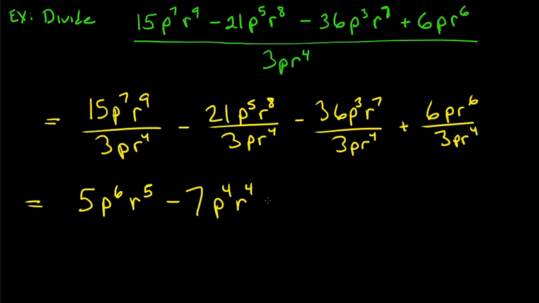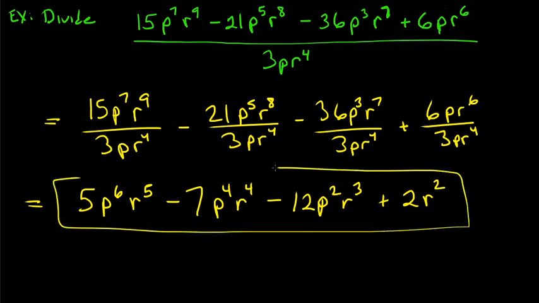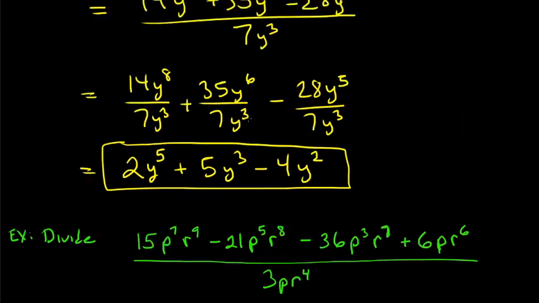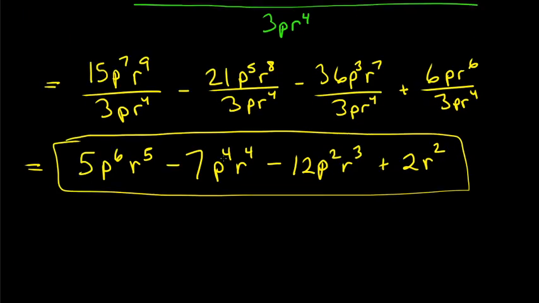Minus 12p squared r cubed plus 2, and then the p's cancel. You can say p to the 0, but remember, p to the 0 is just 1. So you're just going to have r squared in the last term. And that's it. It's really just 2 short steps here.